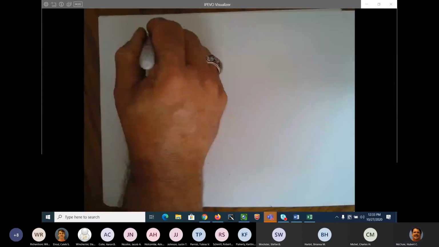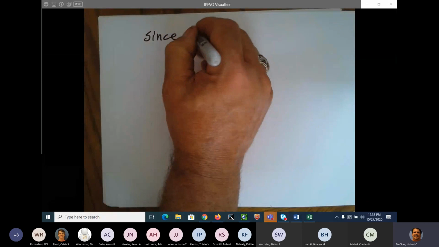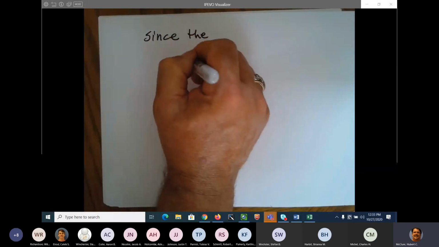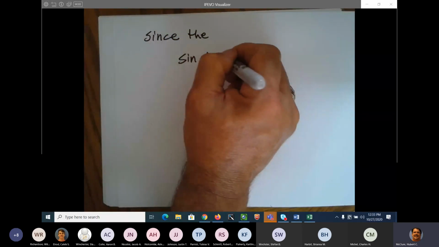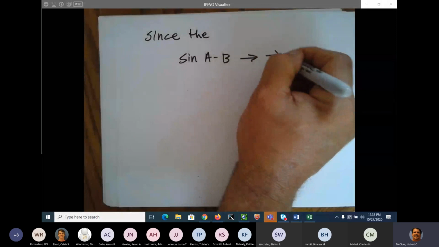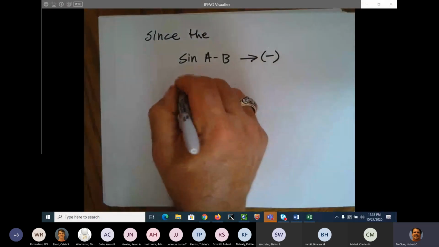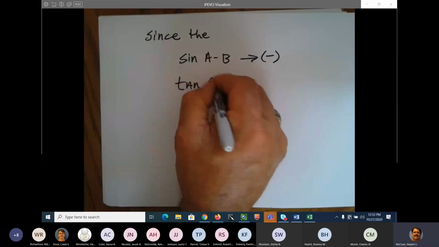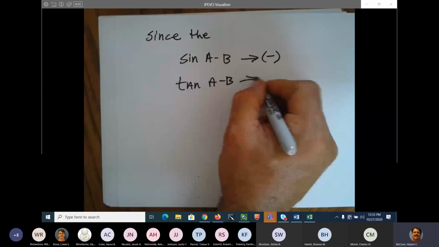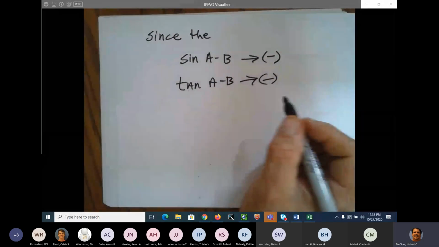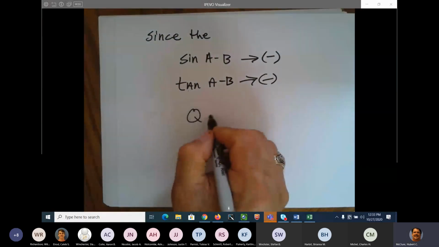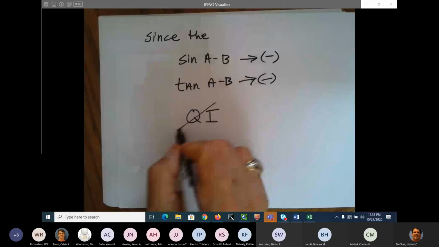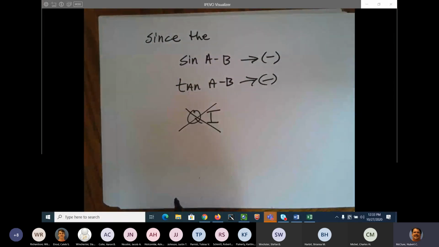Since the sine of A minus B gives you a negative, and the tangent of A minus B gives you a negative, then you can't be in quadrant 1. You understand that?